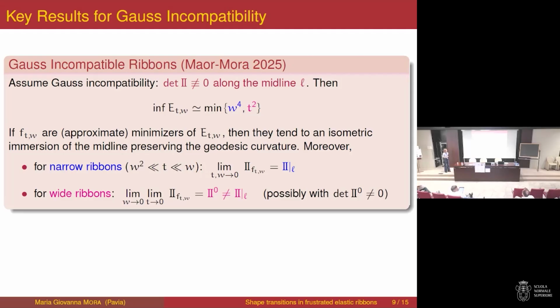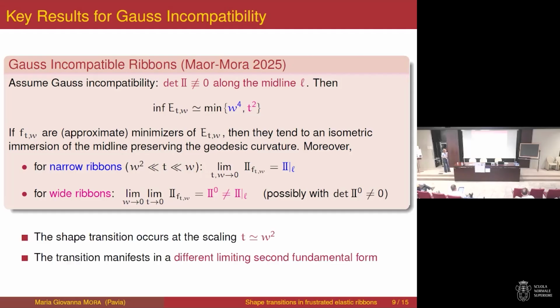While for wide ribbons, we can show that the limit is always different from the target curvature. And so from this result, we can conclude that there is always a shape transition when you have Gauss incompatibility at the scale in t of order w squared. And the change of shape is manifested in a different limiting second fundamental form.